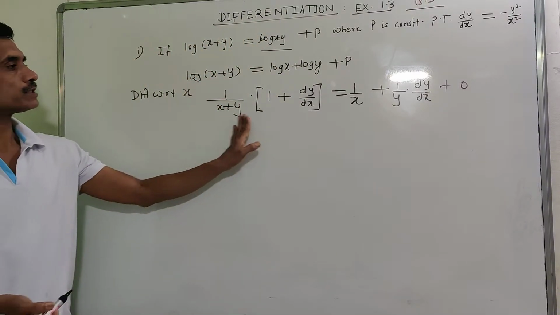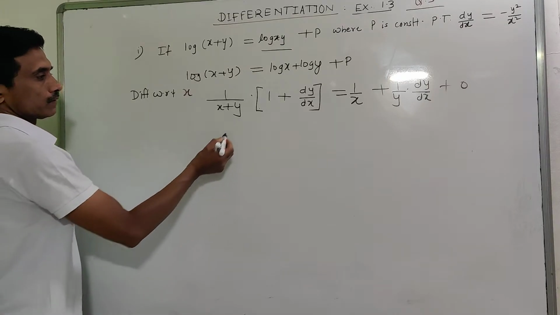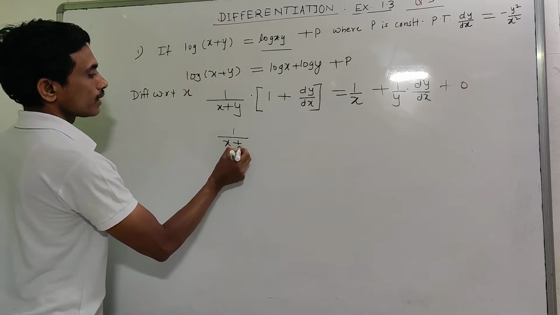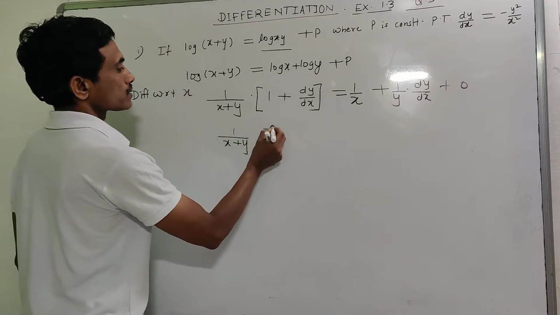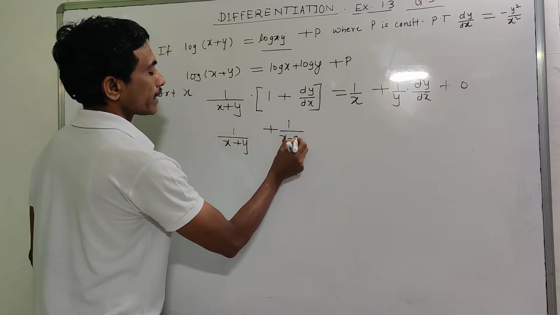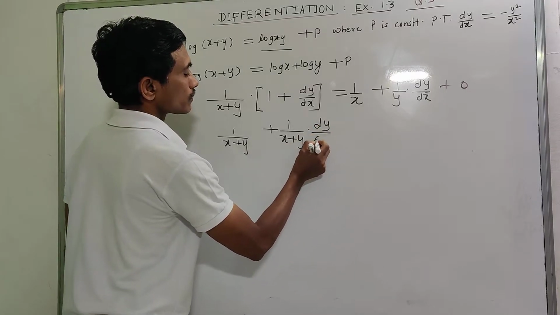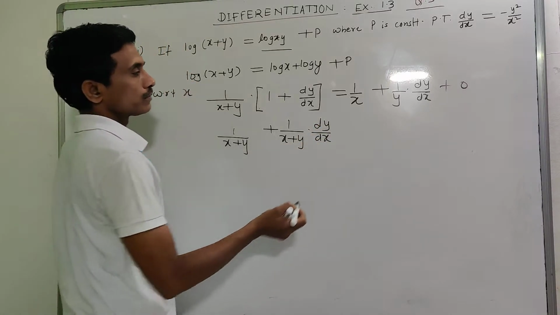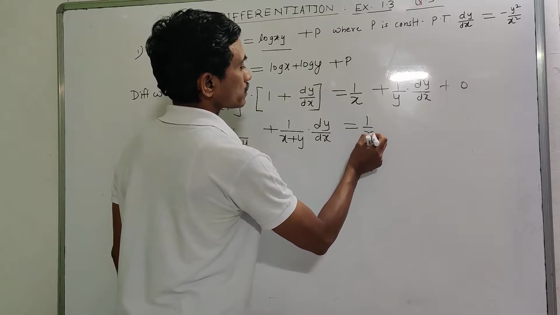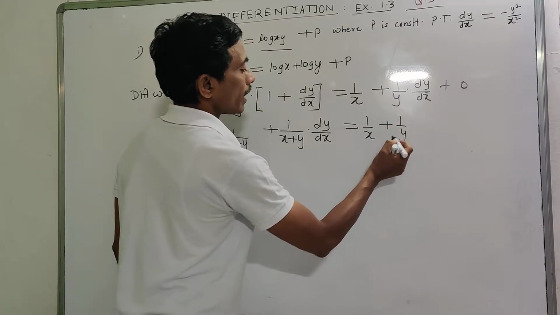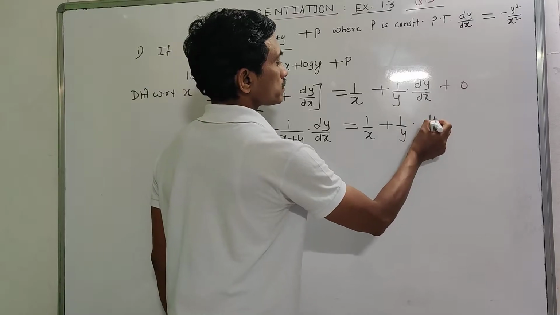Now first we simplify this: 1 upon x plus y plus 1 upon x plus y into dy by dx is equal to 1 upon x plus 1 upon y dy by dx.